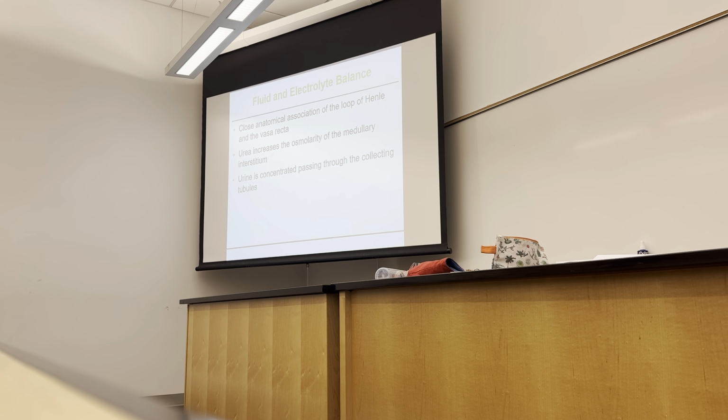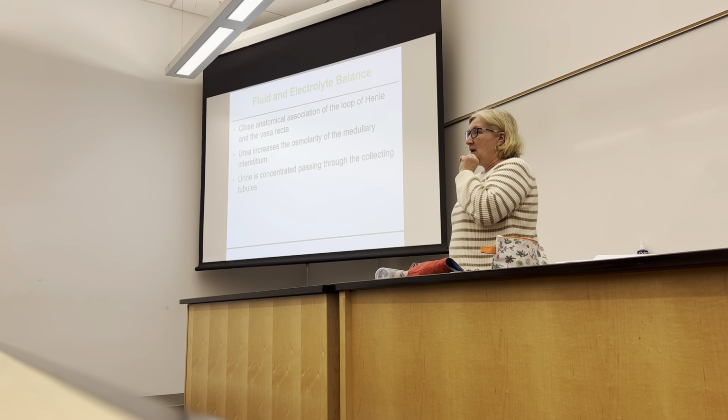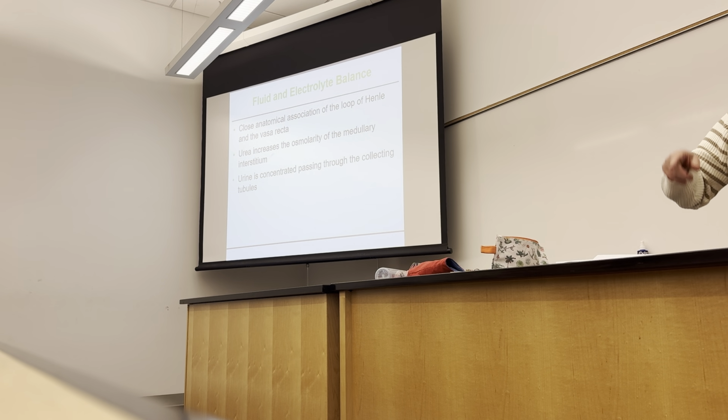The other thing that we talked a little bit about, we already started to talk about the loop of Henle, right? The descending and ascending loop of Henle have very, very different properties, right? What do we already know about the descending loop of Henle? What is it permeable for? What is it not permeable for? Bayman?